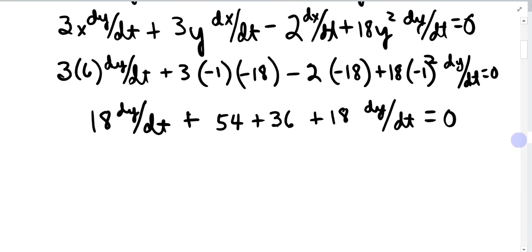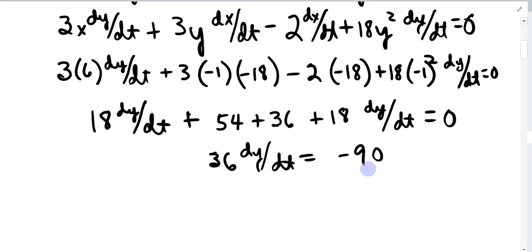Now, of course, we're solving for dy/dt, so we've got to combine the terms that have dy/dt. I've got 18 and 18, so that's 36 dy/dt equals, and I'm going to move these two over, so that's a negative 90.